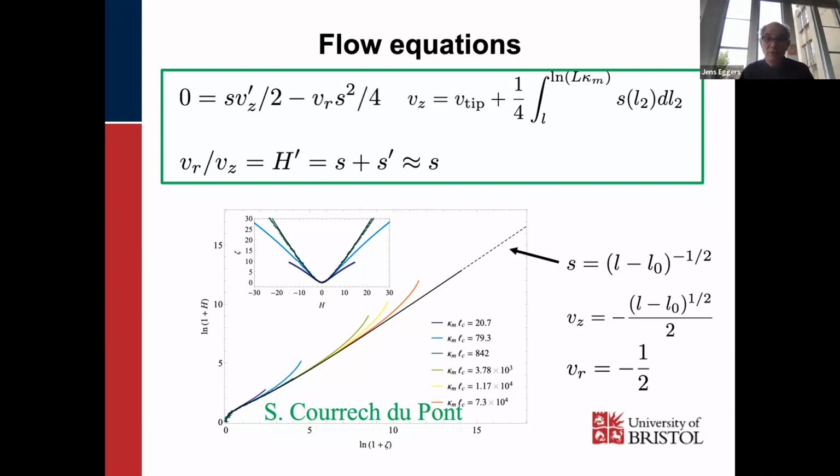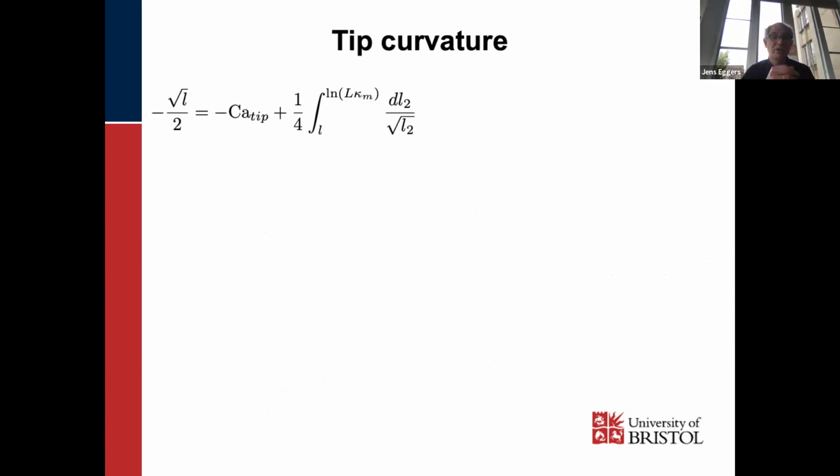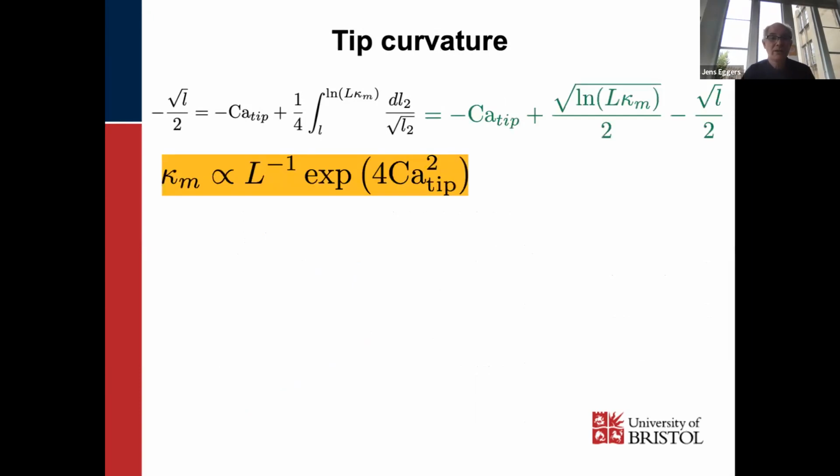And this is the shape of the interface, so this is very good. But I can also look at the expression for the tip curvature. This is an expression I've showed you before. I can perform this integral now.